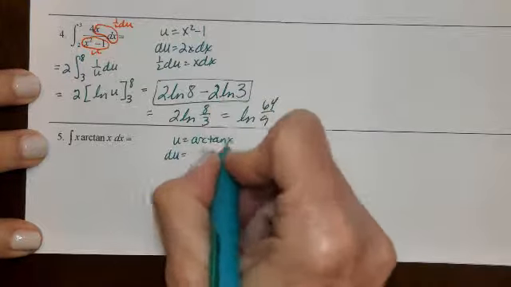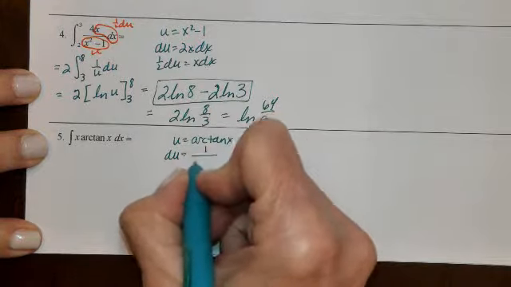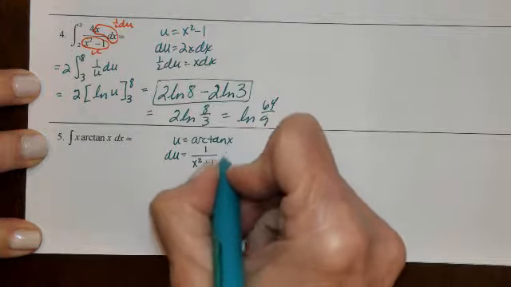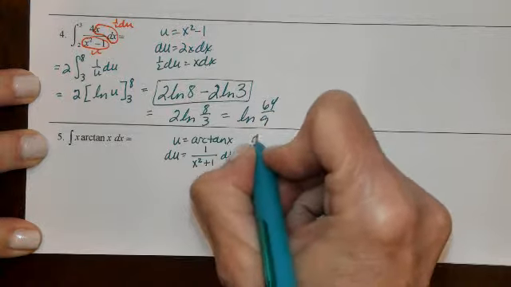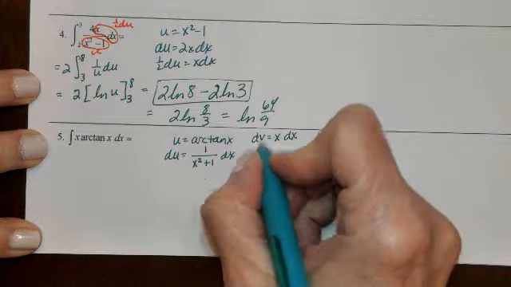du, the derivative of arctan of just a plain x, is 1 over x squared plus 1. Let dv be your x dx.